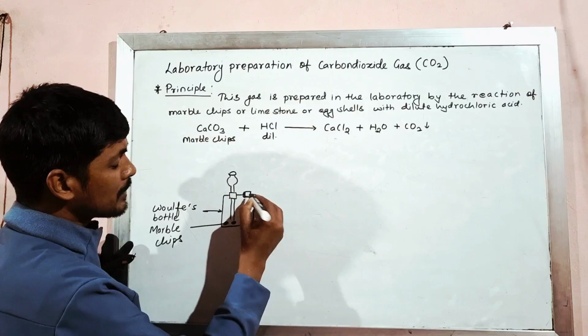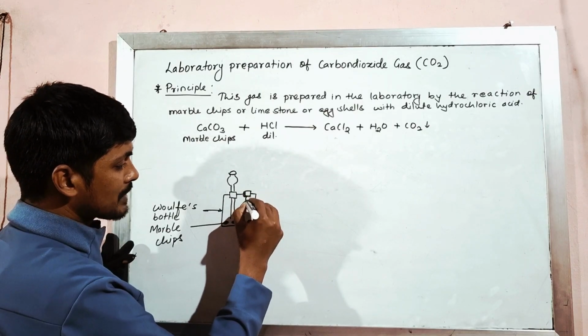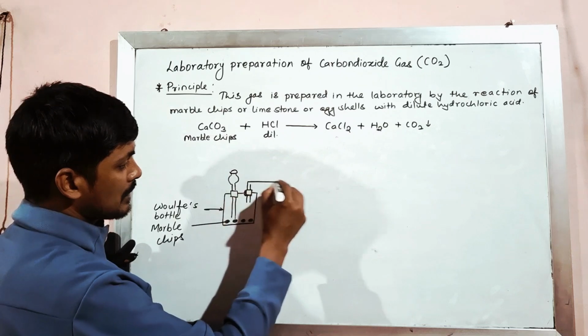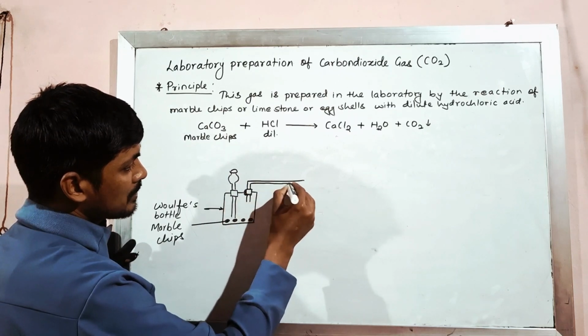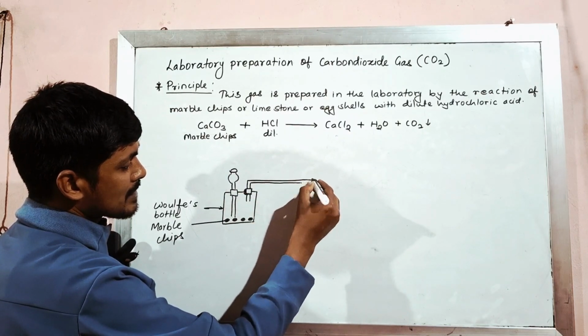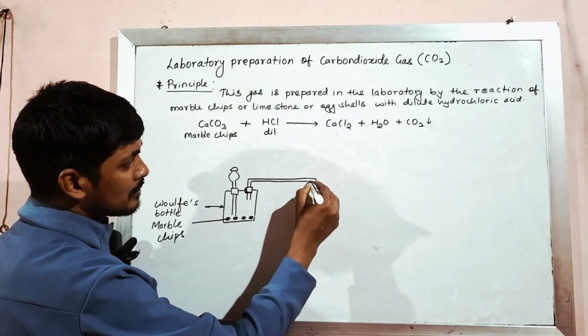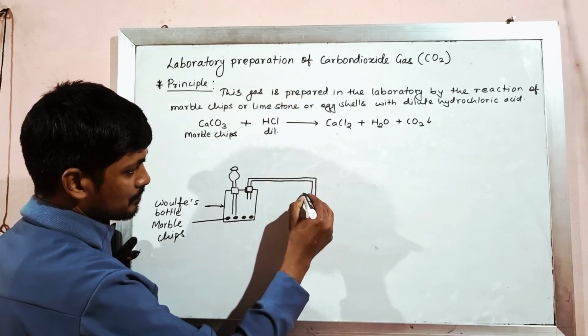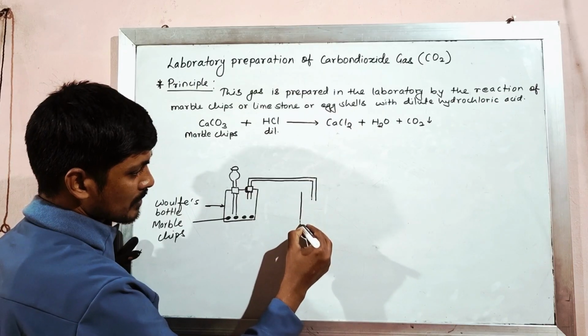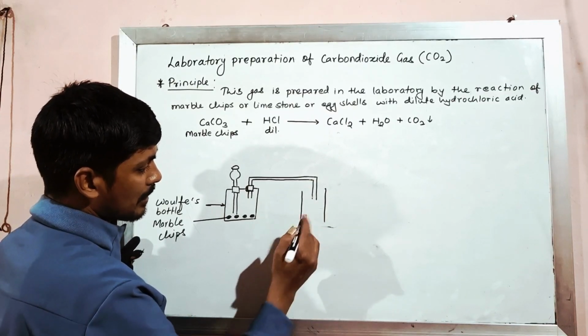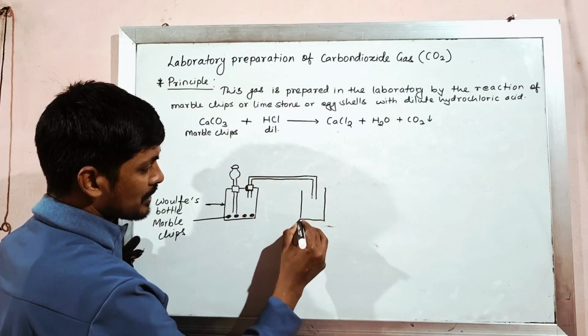And in the other one, we fit a delivery tube, and the delivery tube is set into the gas jar. These are the apparatus set as shown in the diagram.